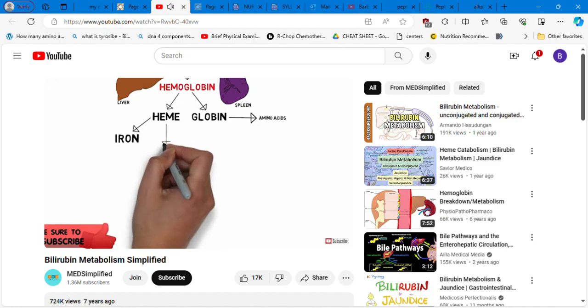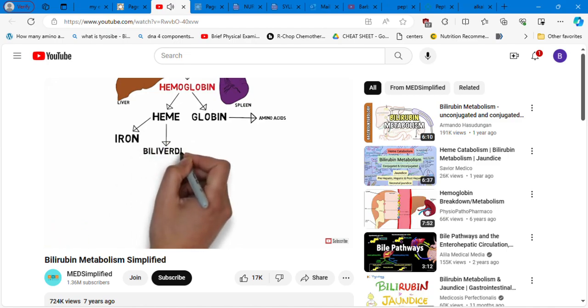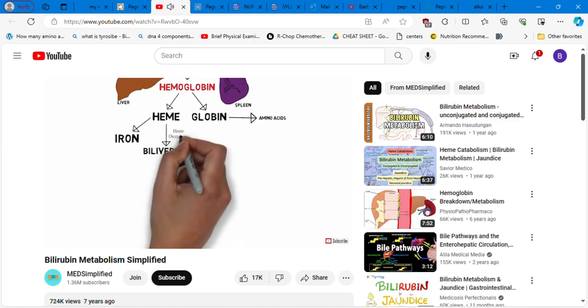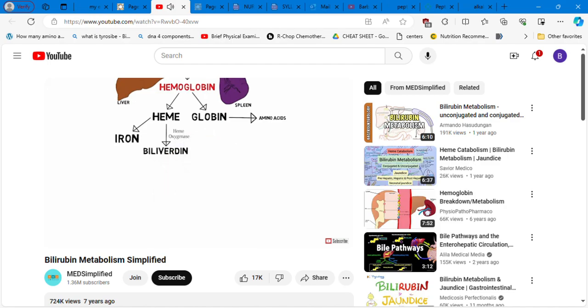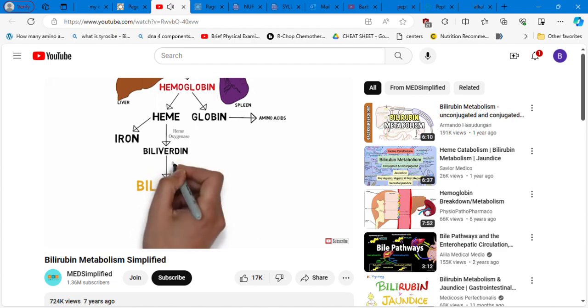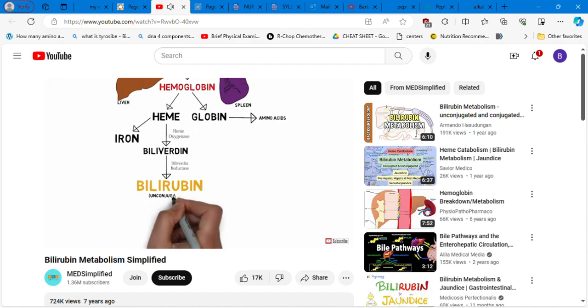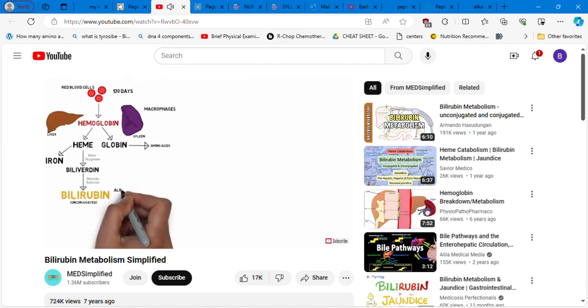The globin is further converted into the amino acids and utilized in the body. The heme component is then converted into the iron and the biliverdin, and this reaction is catalyzed by the enzyme heme oxygenase. In the next step, the biliverdin is converted into the yellow compound, the bilirubin, and this reaction is catalyzed by the enzyme biliverdin reductase. This bilirubin so formed is in the unconjugated form, which is not the water-soluble form.